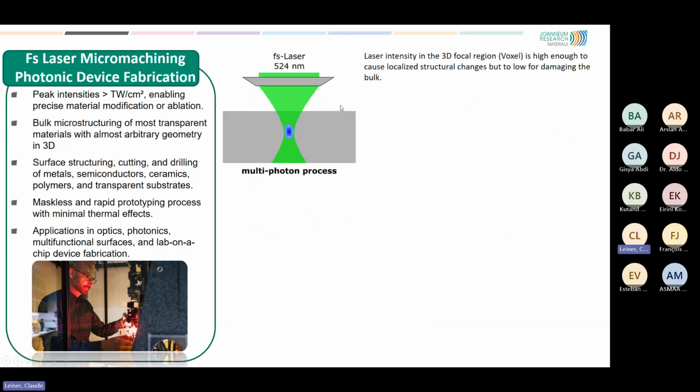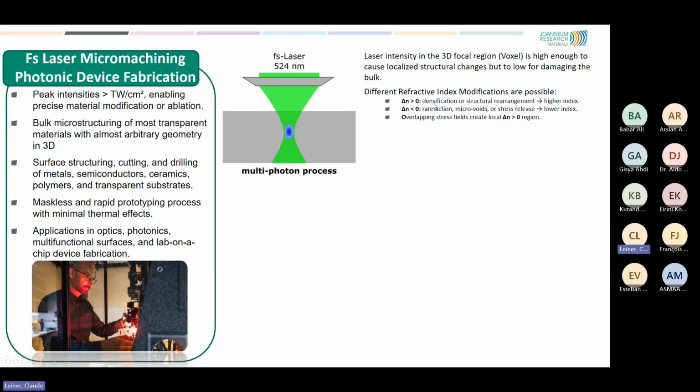Now I come again to the lower energy processes. Here you see what is called the voxel region. This is the region where so much intensity is in the volume that two-photon or multiphoton processes are occurring. Here you can make damage to the bulk in a way that you can change the refractive index.